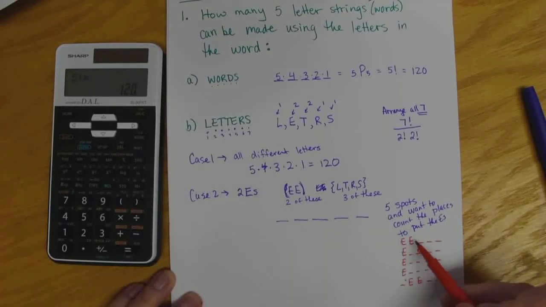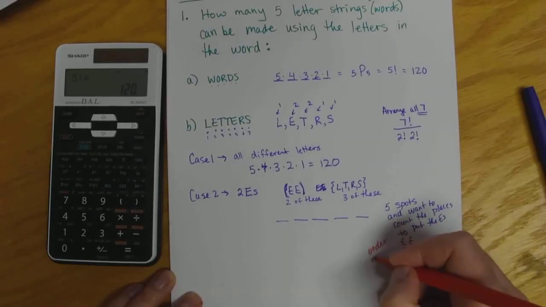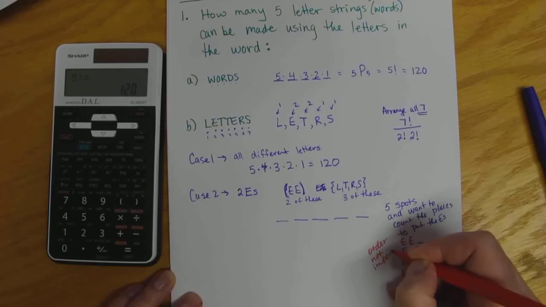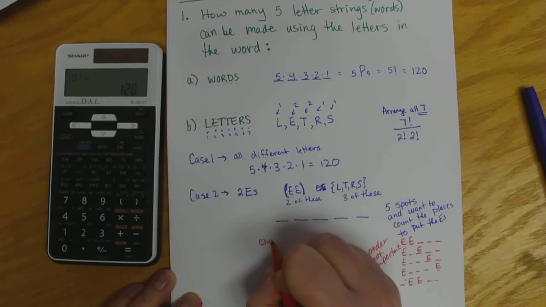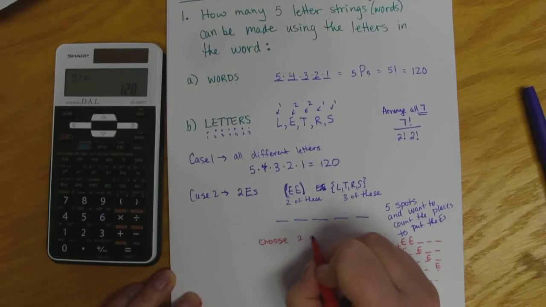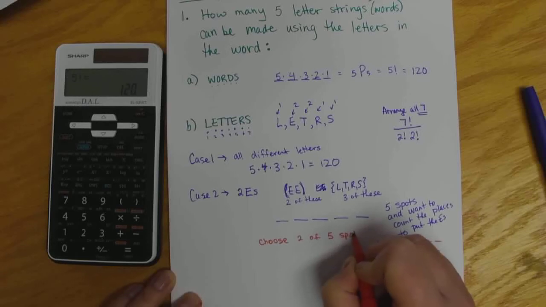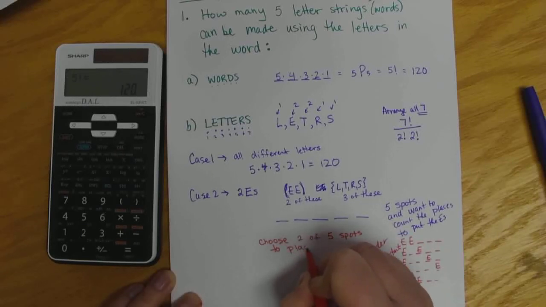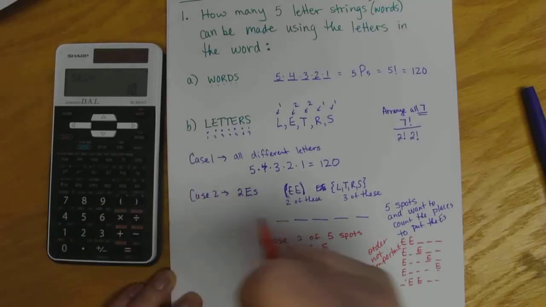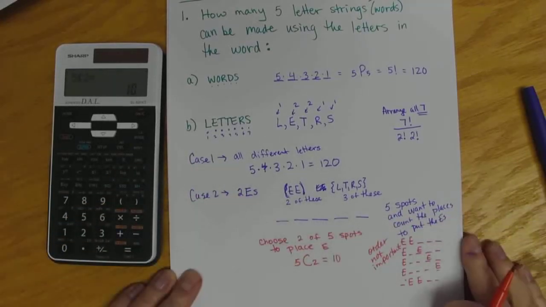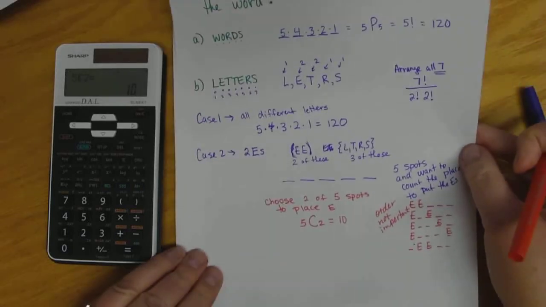So what we're doing is, it doesn't matter the order we pick the 2 lines for the E to go in because they're the same thing, so the order is not important. When order is not important, we're just picking 2 of the 5 lines, so we want to choose 2 of the 5 spots to place the E. So that would be 5 choose 2. 10. So if I had kept writing these, I would have found 10 ways that we could place the E's.